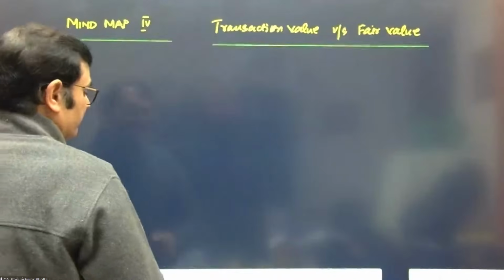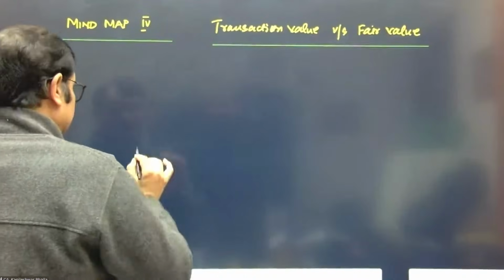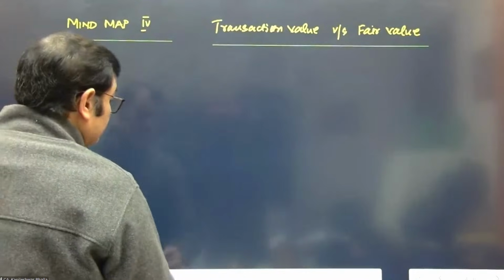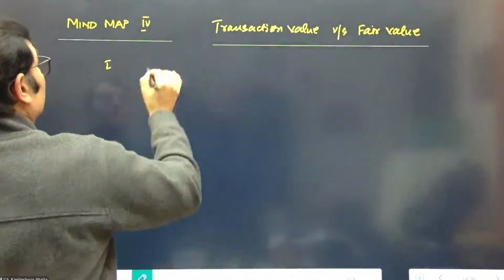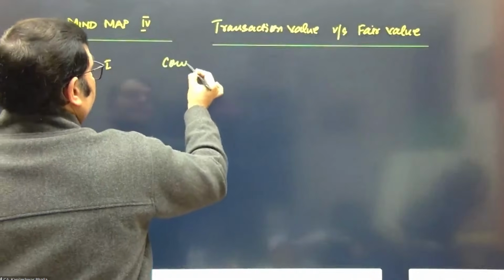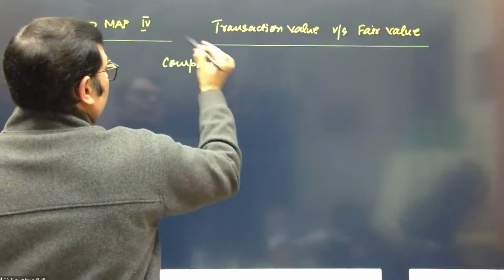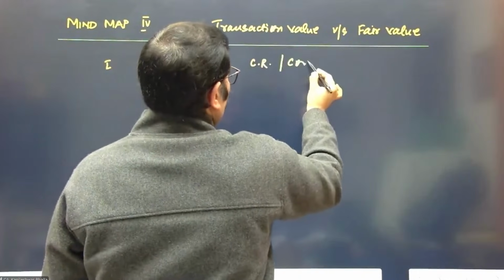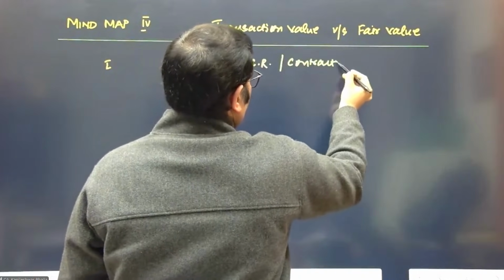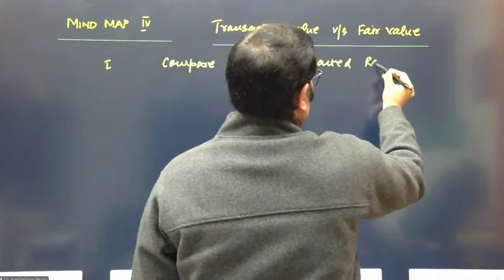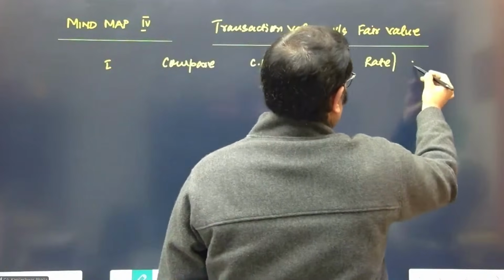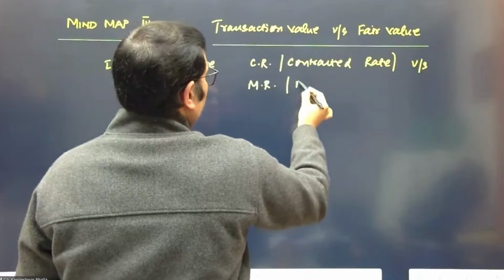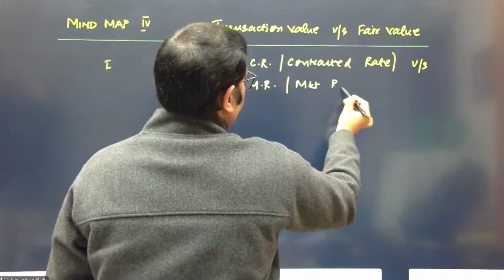When we look at a transaction value, it's going to be again a 3-step model. In step number 1, we're going to first of all compare the CR, that is the contracted rate, versus the MR, the market rate.